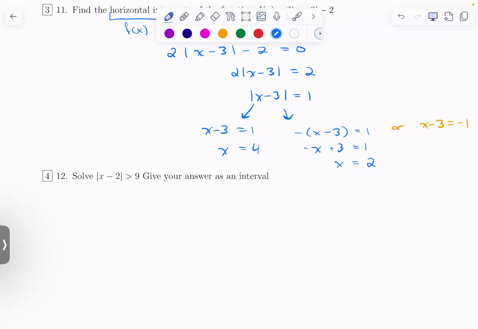So how do we do it? Some background knowledge: this absolute value function looks like this. It's been moved over to the right by 2, and here at 9, we want to know where it's greater than 9.